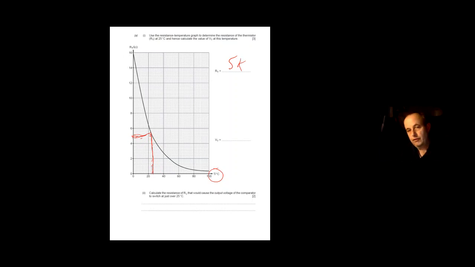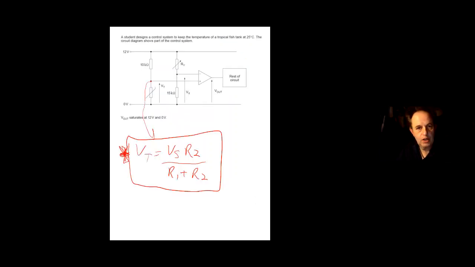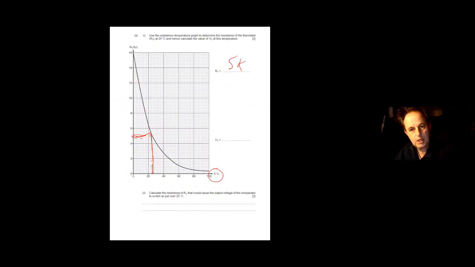Now flicking back, I know that that is 5k. So I can use those two together by using the potential divider to work out what the voltage will be.